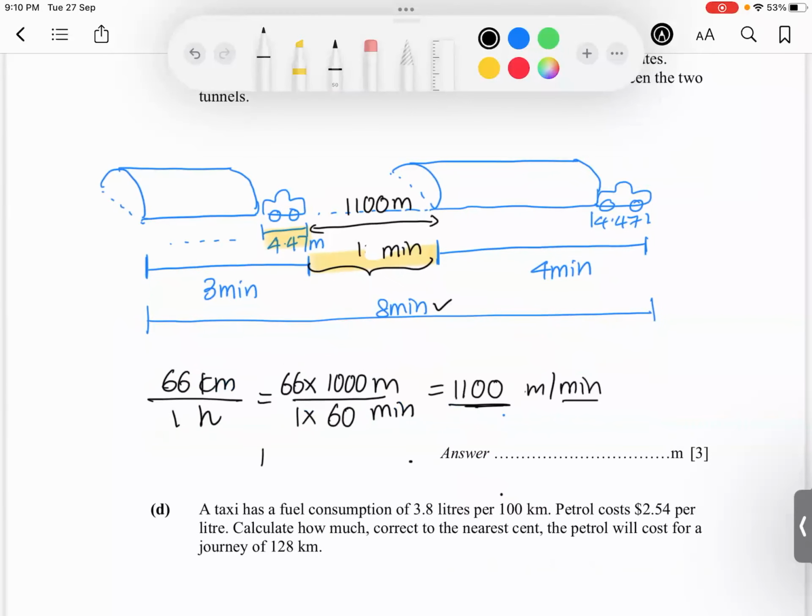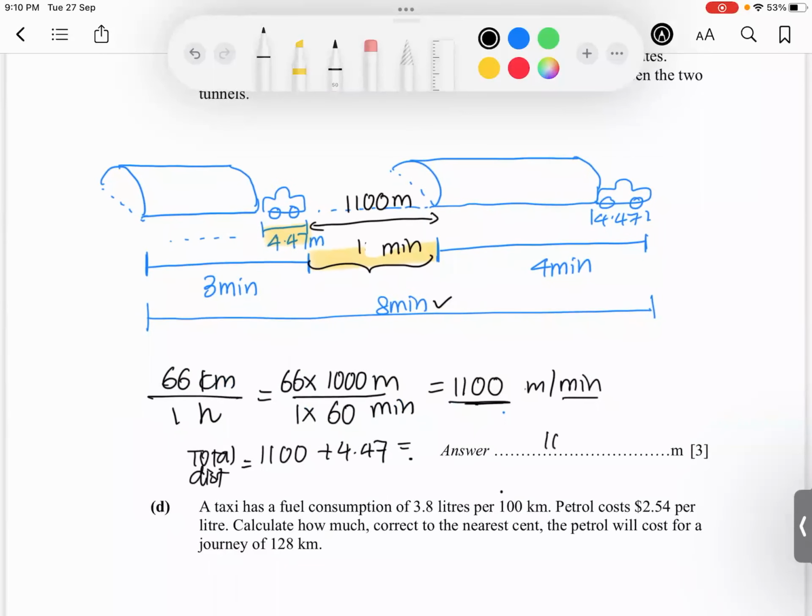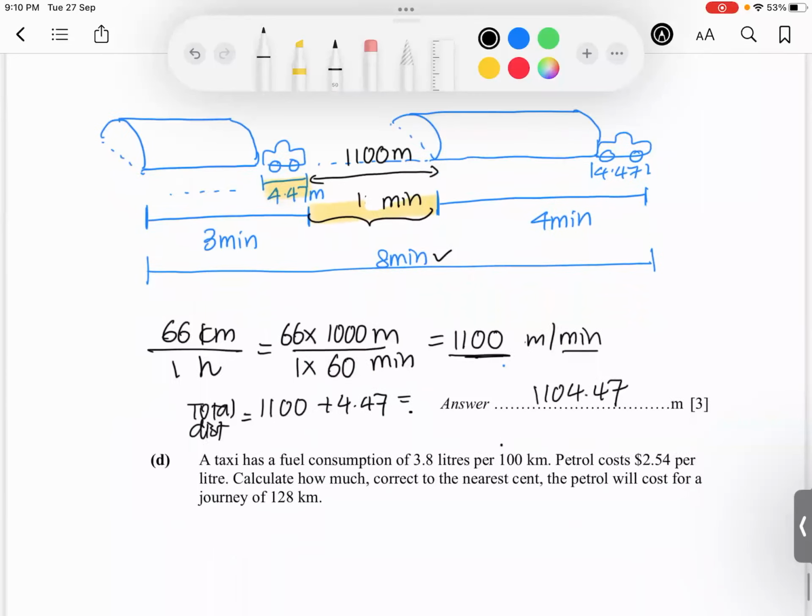Yes, correct. Then the total distance, 1,100 plus the 4.47, will give you your answer: 1,104.47. Do not round this off, because this is the exact answer. Exact. No rounding of the numbers needed.